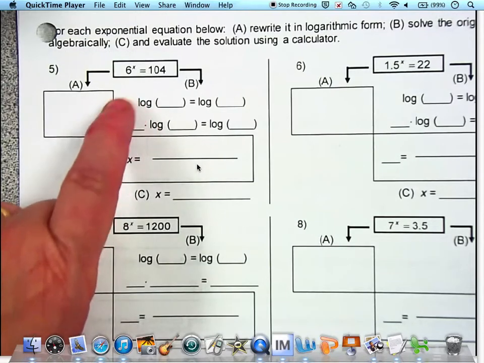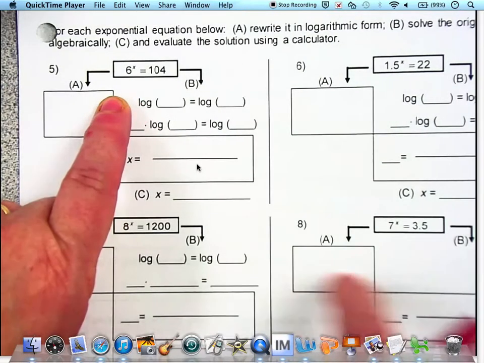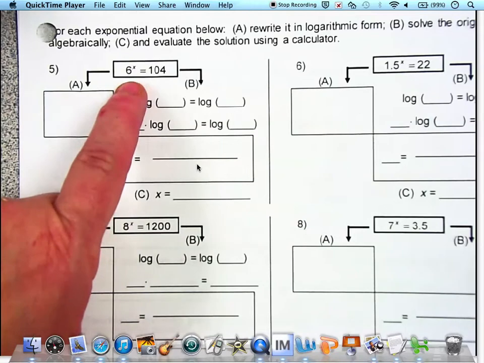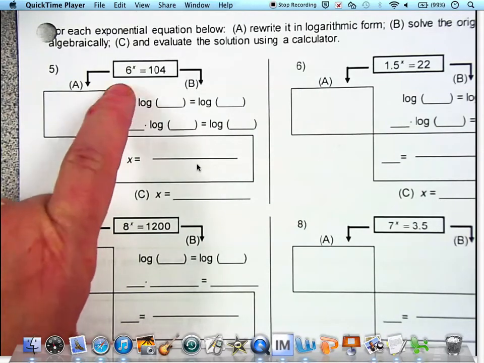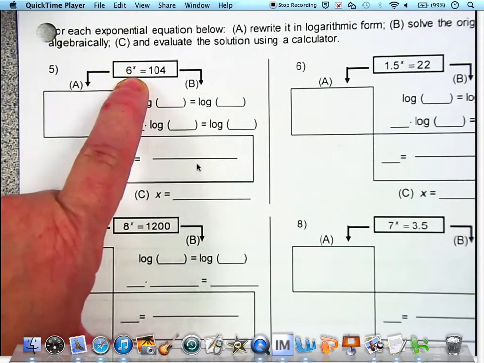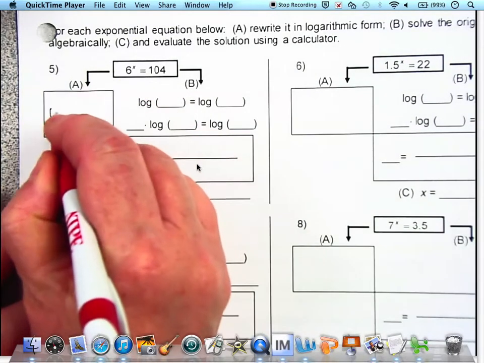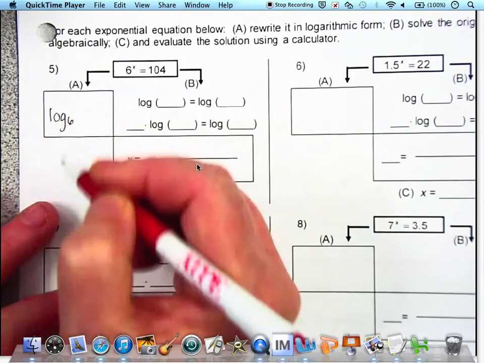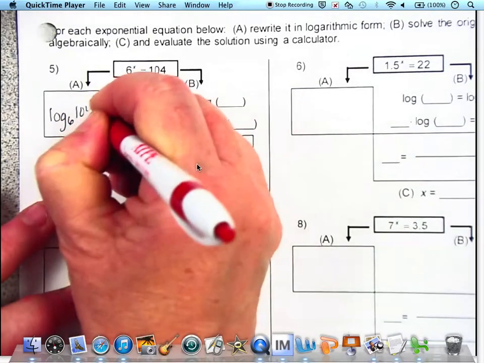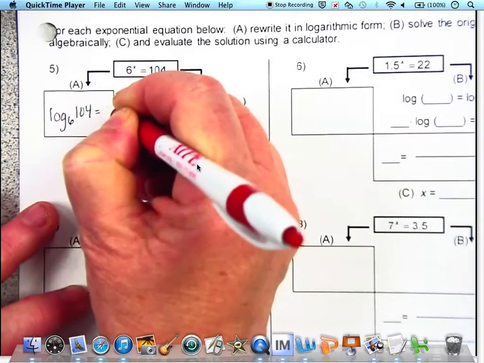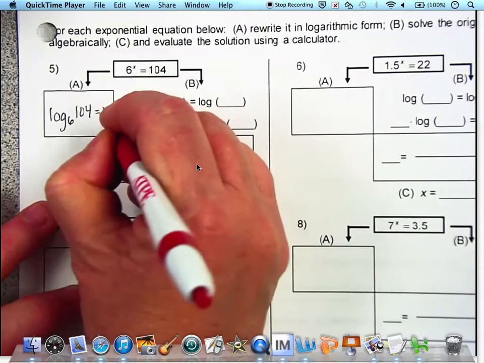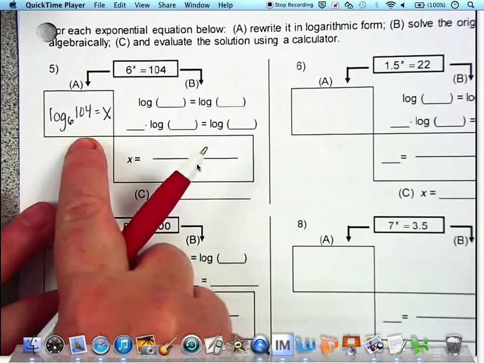All right, so in this, and on 5, 6, 7, and 8, we're going to do the same thing on all of them. First, in box A, we're going to rewrite this with a log function. So how would you rewrite this with log? Log base 6 of 104 equals what? X. Okay, all we're doing is rewriting it with a log.